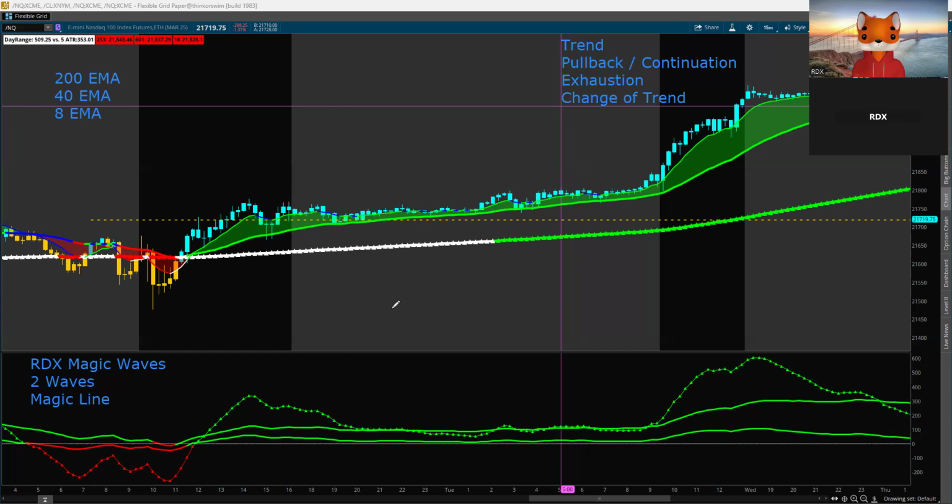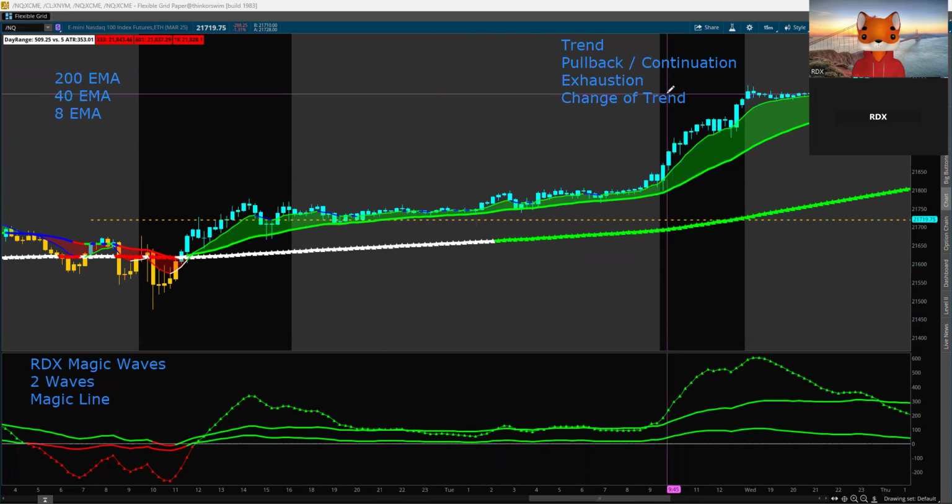I'm only worried about how my chart gives me an impression of a trend, and how I can then use that definition of a trend using my chart language to trade with the trend, trade pullbacks and continuations, and then trade a trend reversal or a change of the prevailing trend.